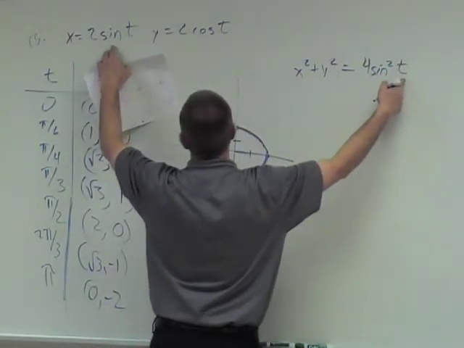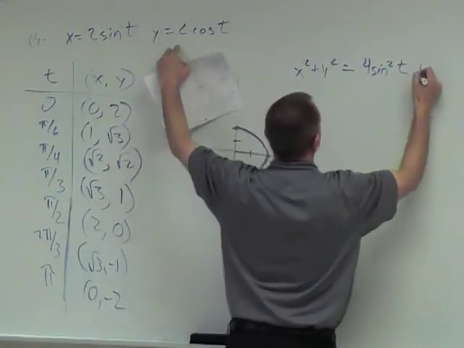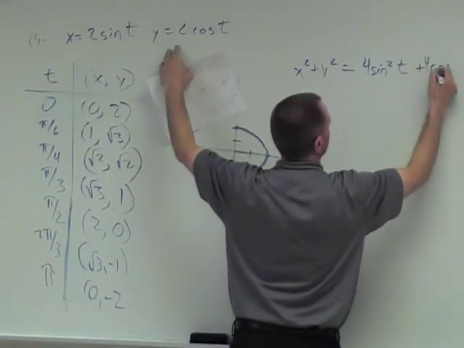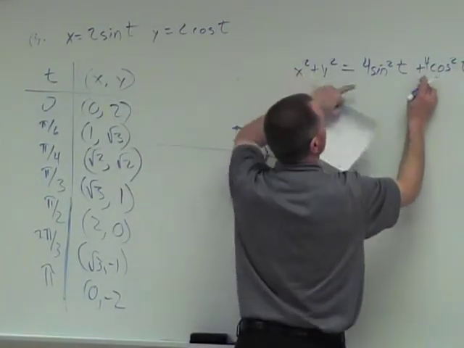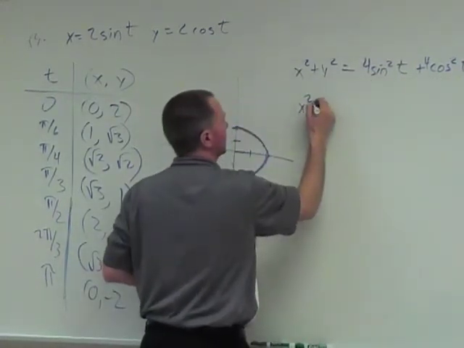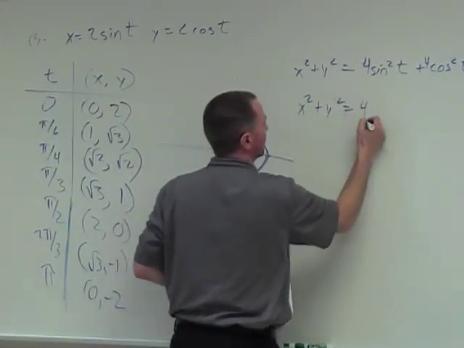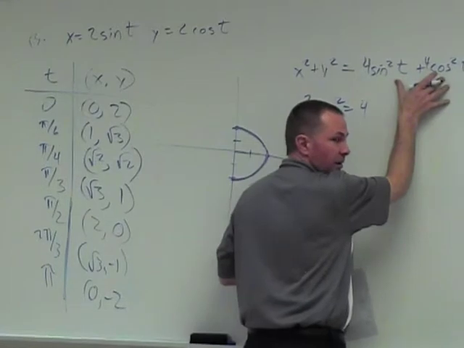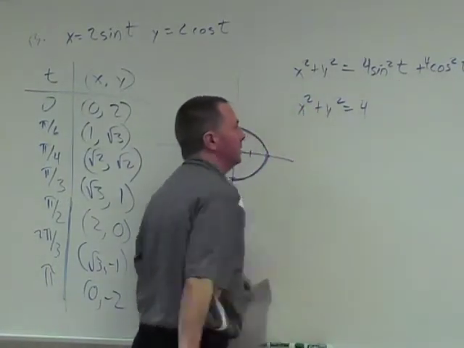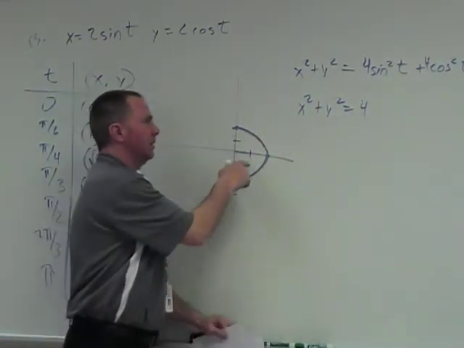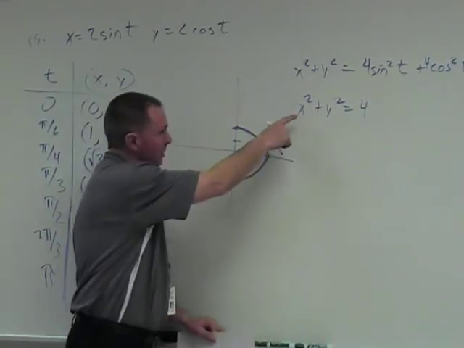Notice the t didn't get squared, that's just your angle. Plus 4 cosine squared of t. Factor out the 4. X squared plus y squared equals 4 times 1.